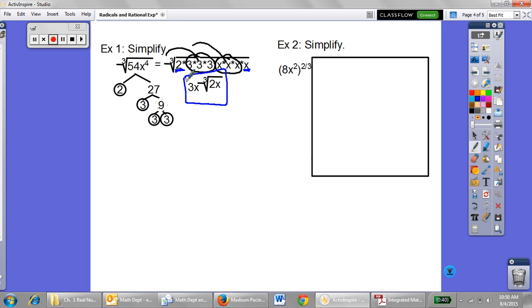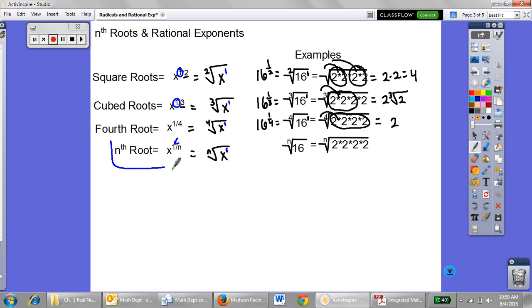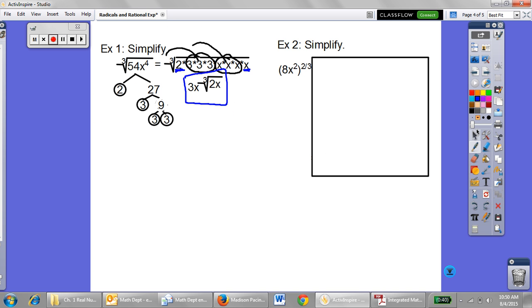Now, example 2. We're turning it up a little bit, and we have 8x squared to the 2/3 power. So think back to our last example where we had this nth root, where it shows x to the 1 over n. So let's write that again just to refresh. X to the 1 over n equaled the nth root of x when there was a 1 here.